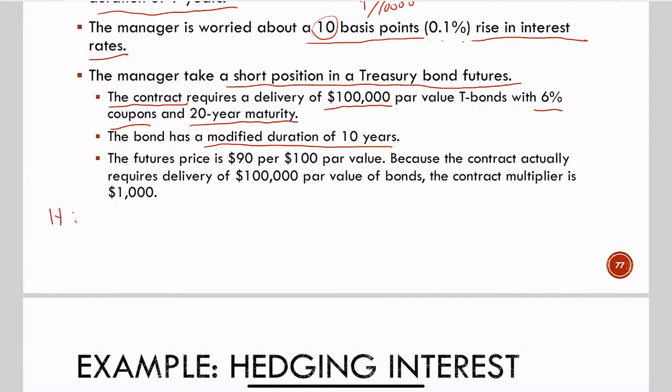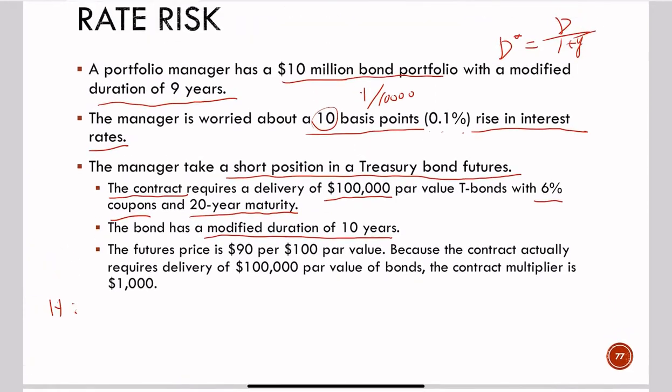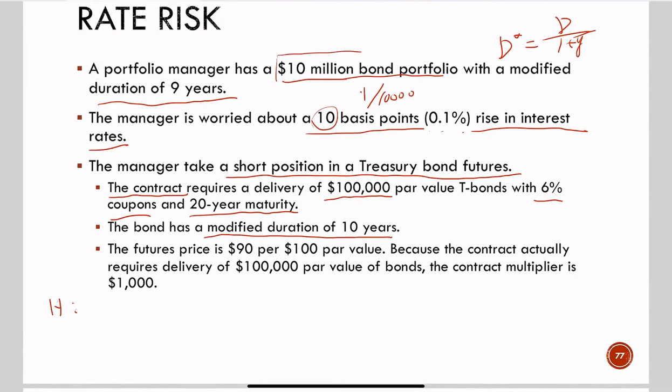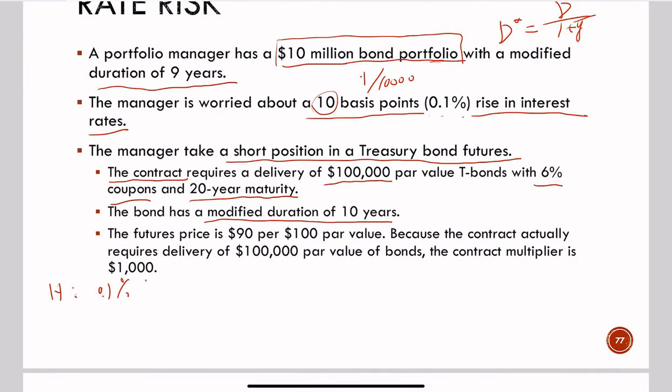Now first, let's think how the bond portfolio, that is how the fund manager's bond portfolio's value will change if there is a 0.1% rise in interest rate, right? So there is an interest rate increase.